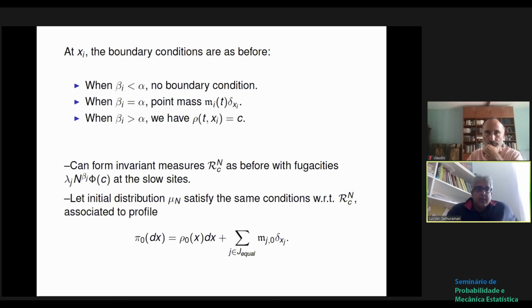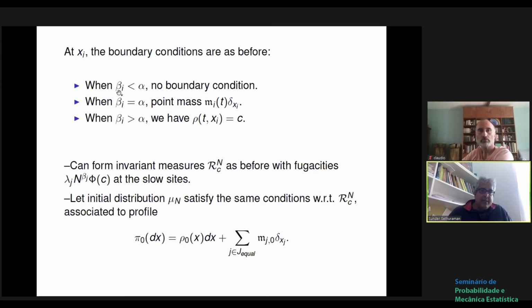Okay, so the same proof actually will work here, just a more complicated statement. You can imagine the torus can be separated into intervals, and there should be a boundary condition on each of the subintervals. So that's basically what's going on.